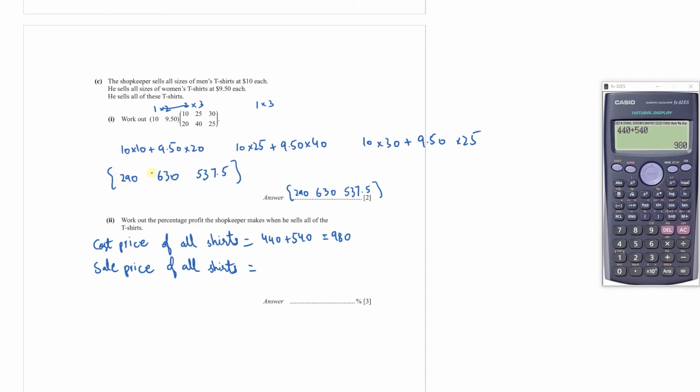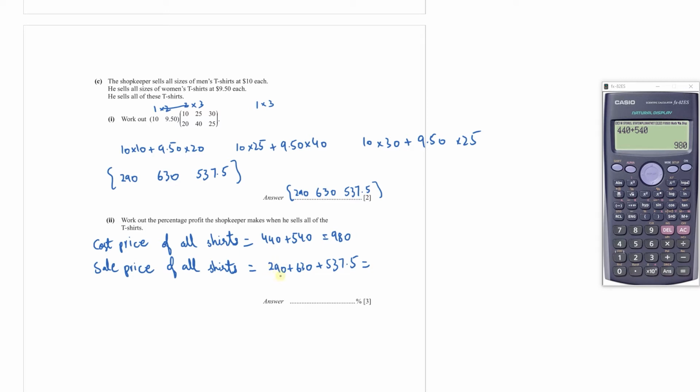630 is medium size for both men and women, and 537.5 is for the large size. So the total sale price will be the sum of all these three. So this will be 290 plus 630 plus 537.5. So here the cost price was in terms of men and women shirts. Here the division is according to the sizes.